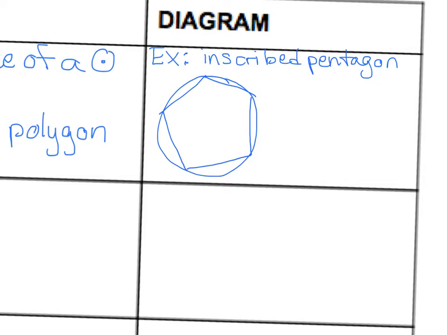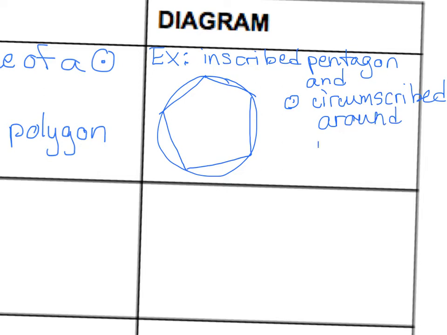And remember, we can state this in two ways. We can say it's an inscribed pentagon, and we can also say that it is an example of a circle that is circumscribed around a pentagon. Okay, so that's our first definition.